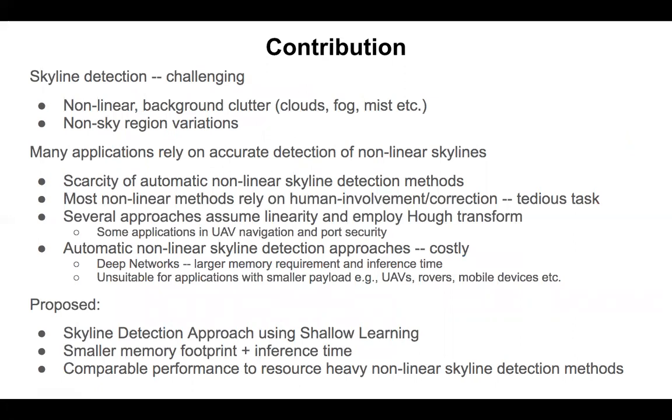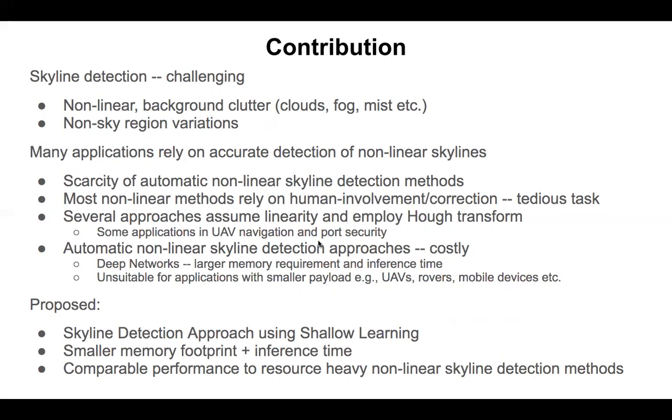So, the contribution of this paper. Earlier approaches towards skyline detection mostly assumed that the skyline is a linear boundary, which could be the case in some situations, and it could be helpful to just detect that linear boundary using the Hough transform, for example, for UAV navigation in a planar non-mountainous area, or ship detection or port security in the case of shorelines.